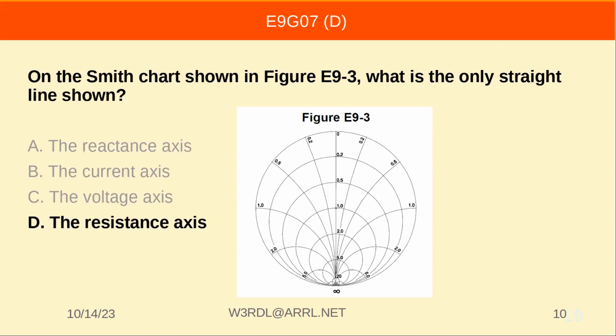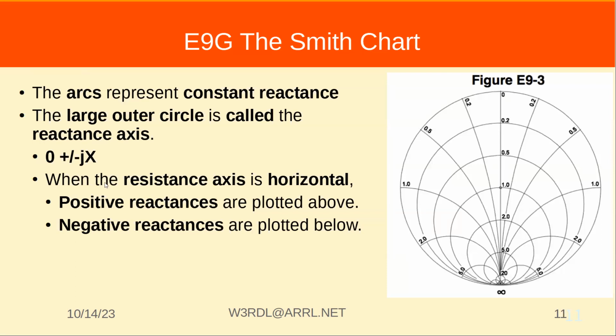And that's actually the exam question. Yep, this is exactly what's on the exam. I guess it's to see if you really understand it. Maybe so. If you memorized it this way, maybe you don't understand when you rotate it. Okay, anyway, the arcs are constant reactance.